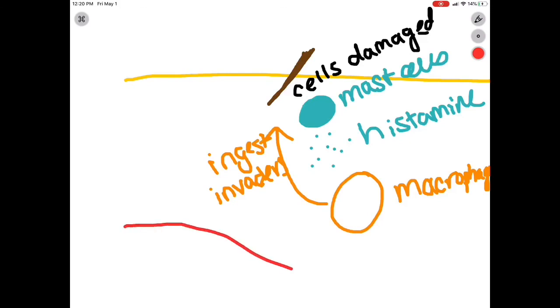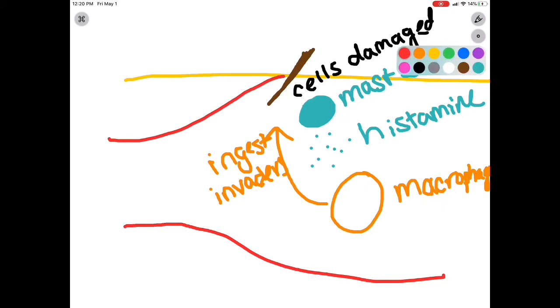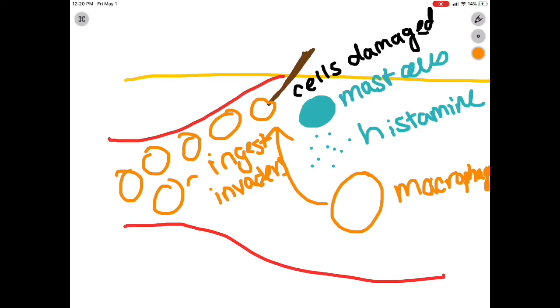But as I said, we have that dilation occurring, so we're going to have more room, more blood flow, more macrophages that are able to come and destroy those invaders. Relating this back to the lymphatic system, the lymph nodes would have released lymph to release some of these white blood cells to be able to come and help with this immune response.